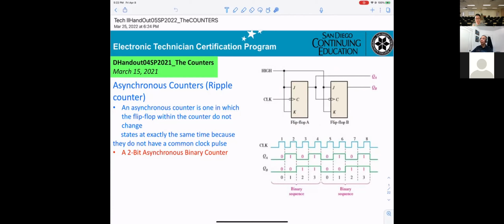If they're using 2 flip-flops, so what the counter can be counting from what number to what number? I can give you example. 0 to 3. So 4 numbers, 0 to 3.